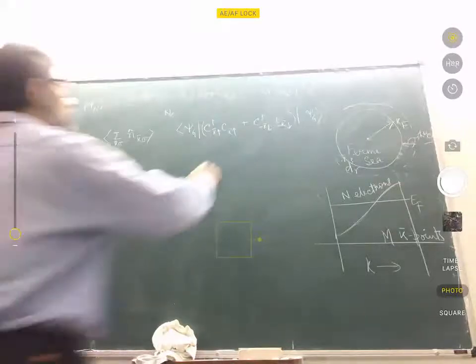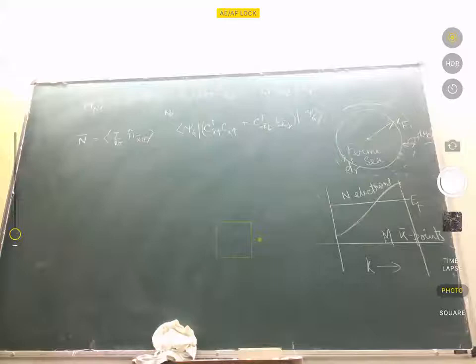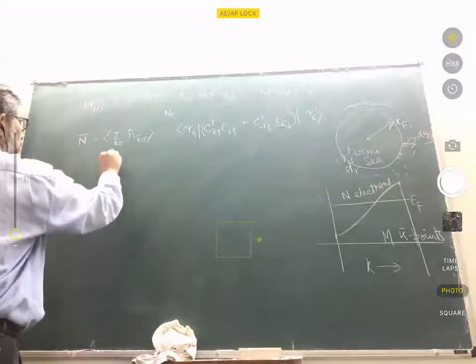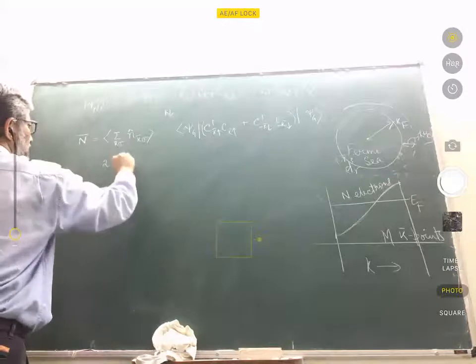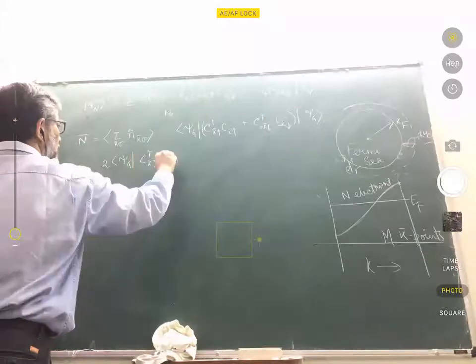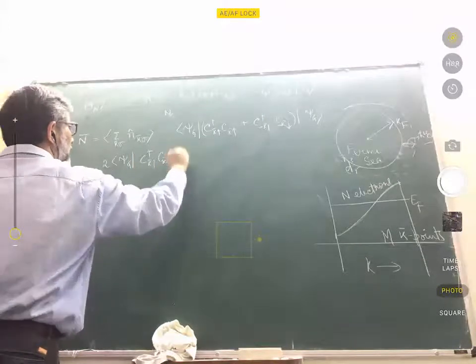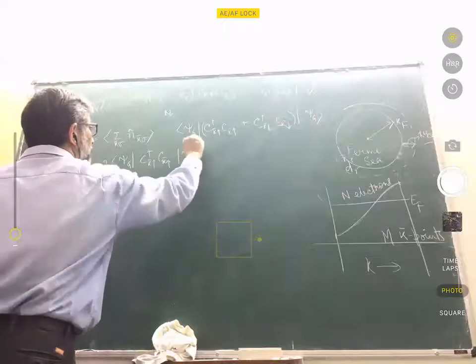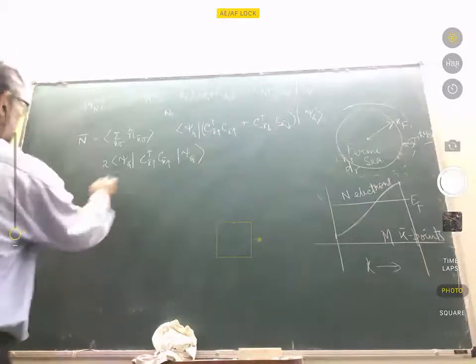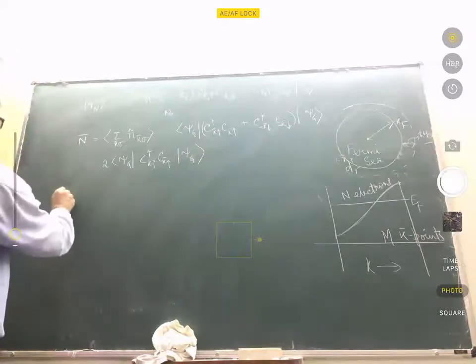Right. So this will just be twice of that, because whenever you create a k up electron, you also create a k down electron. So we'll now write down the ground state wave function that we wrote.